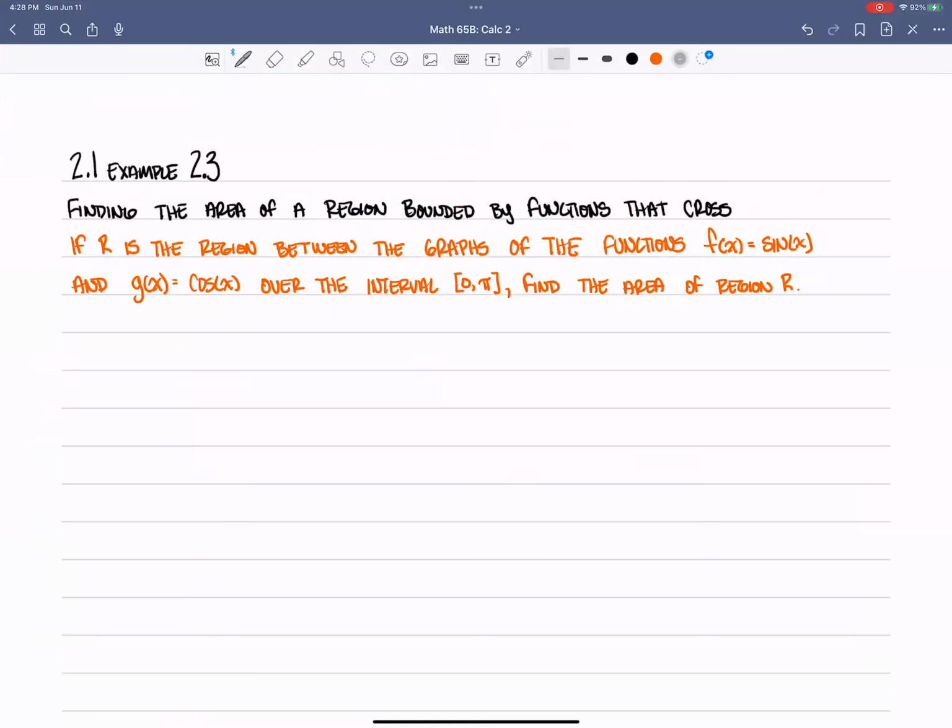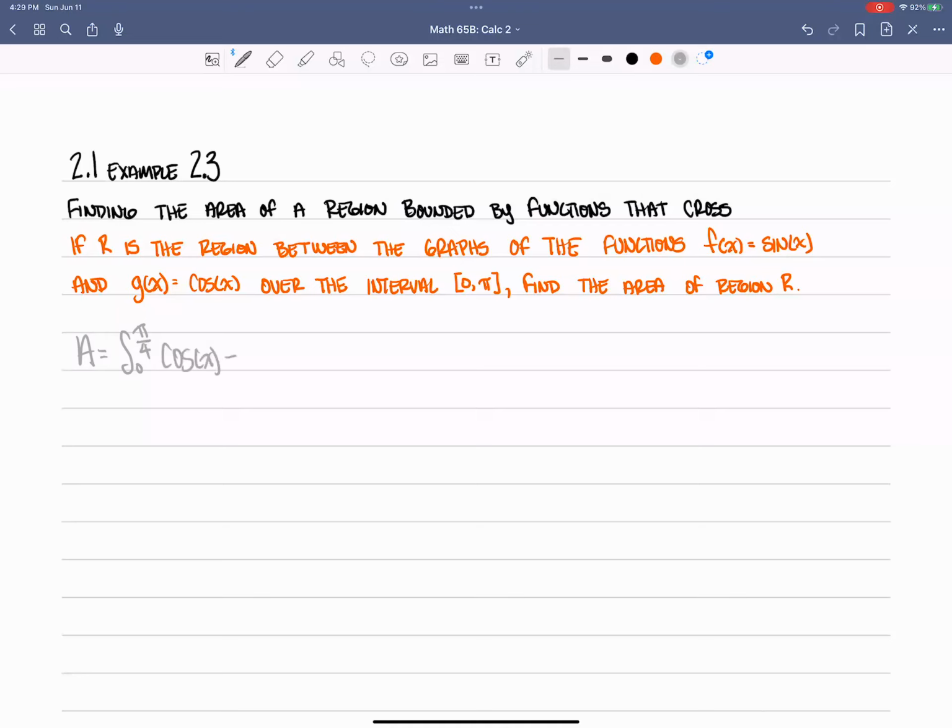Starting off with our first area, it's going to go from 0 to pi fourths, where the two are equal to each other. In this region, our top function is the cosine function. So we have cosine x, and we subtract the bottom function, sine x.